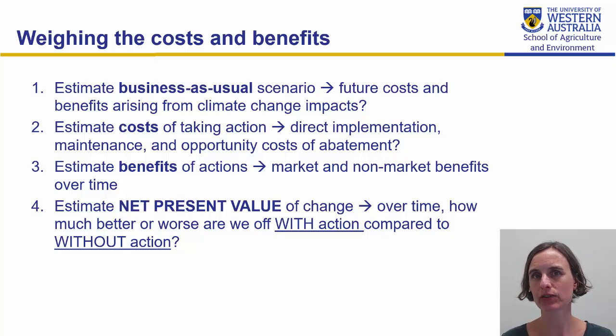And because in general future costs and benefits carry less weight than immediate costs and benefits, we're going to discount future impacts, resulting in a net present value of the policy change. We're going to compare over time whether we're better off or worse off with action compared to the business as usual.